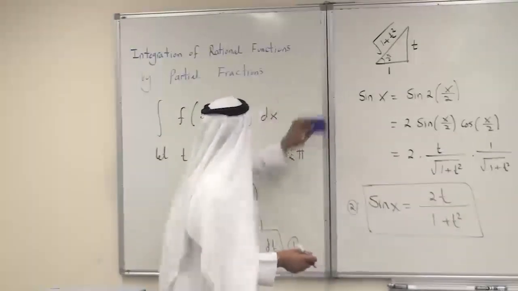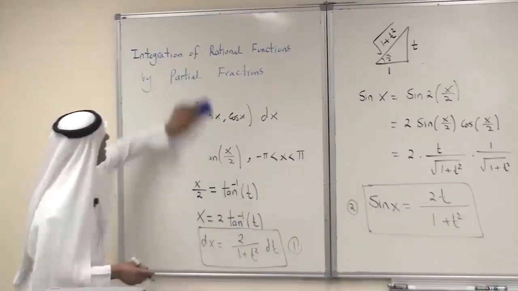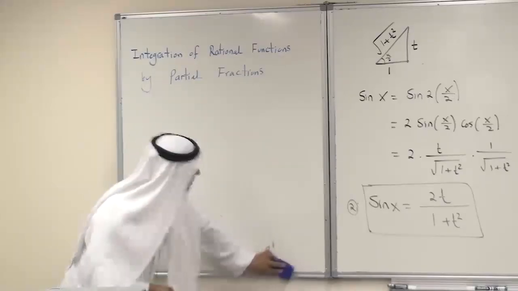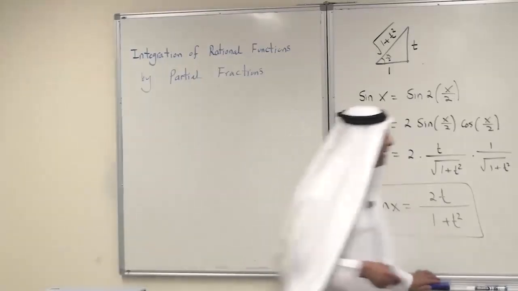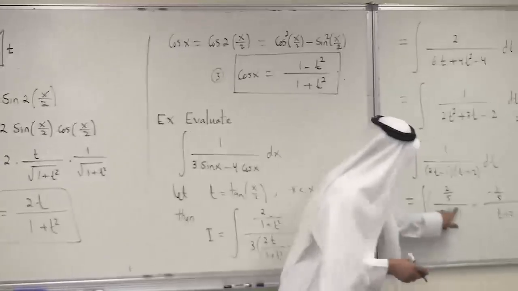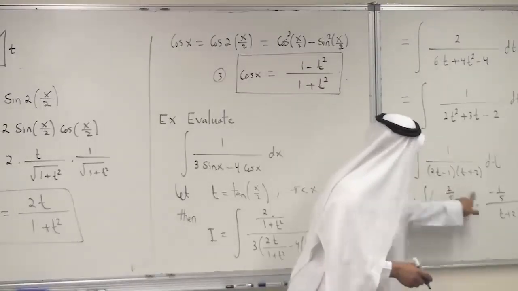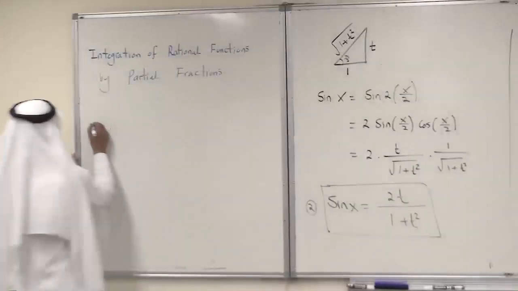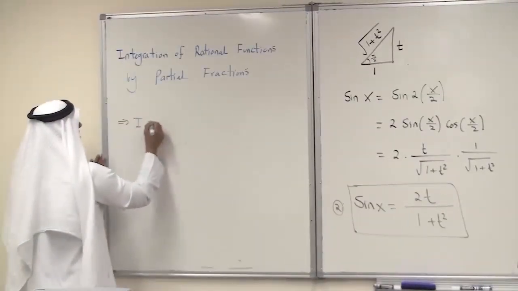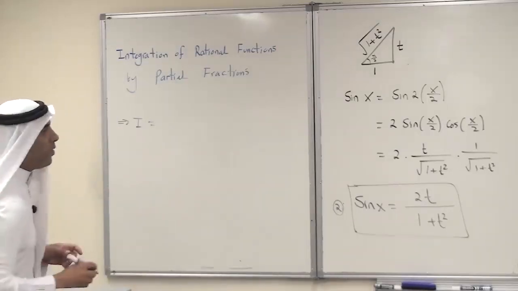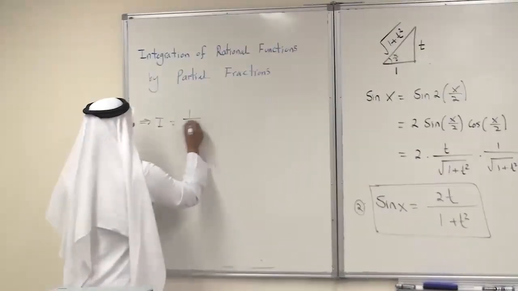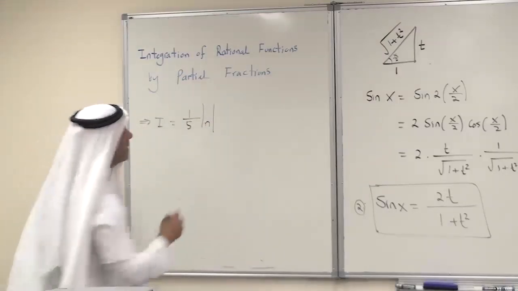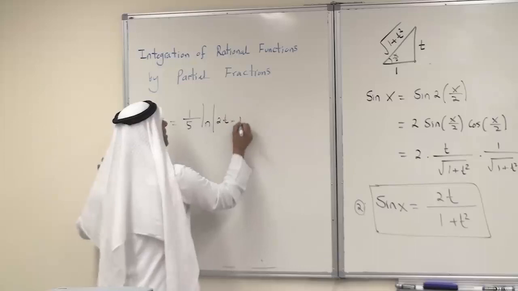Fine. Let us now write the last step in this exercise, or the one before the last one. Let us now integrate whatever we get at the end here. I need the derivative of 2t minus 1, which is 2 dt. I have it here. So that is 1 over 5 the integral. This implies now our integral I is equal to 1 over 5 ln of absolute value of 2t minus 1.